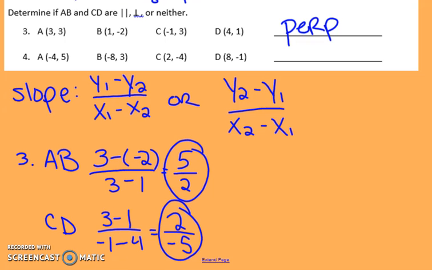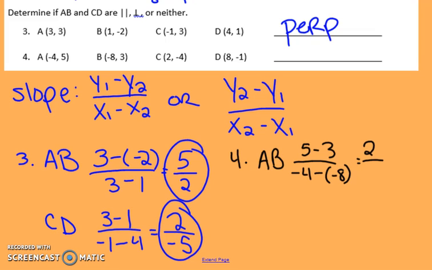Now, for number 4, again, we still need to find the slopes of AB and CD. We're still using the slope formula. For AB, I'm going to do 5 minus 3 over -4 minus -8. Well, 5 minus 3 gives me 2. -4 minus -8 gives me 4, which if I reduce down gives me a slope of 1/2.